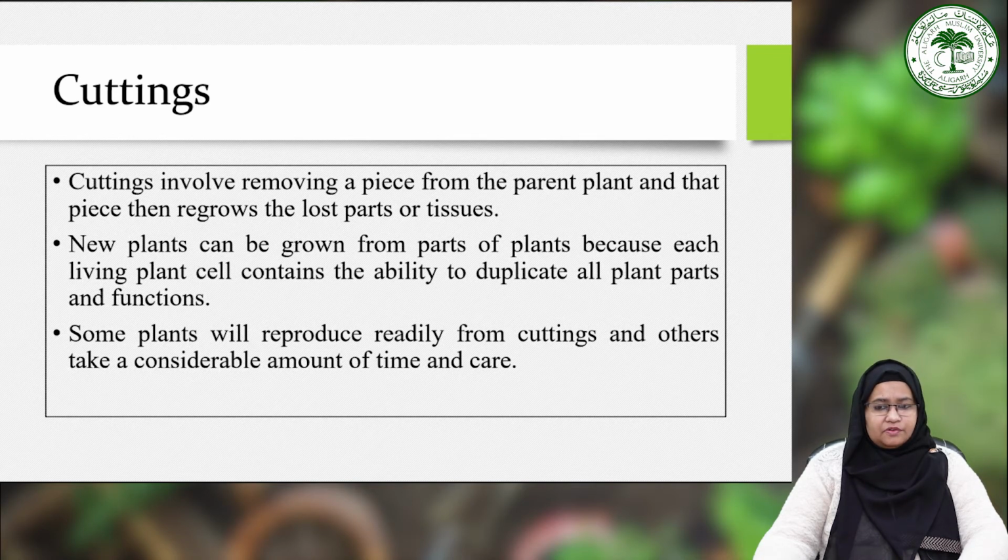New plants can be grown from a part of a plant because each living plant cell contains the ability to duplicate all plant parts and functions. This characteristic of a plant cell is called totipotency. Some plants will reproduce readily from cuttings and others take a considerable amount of time and care.